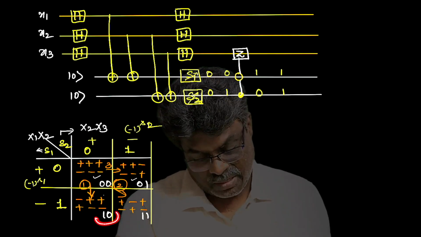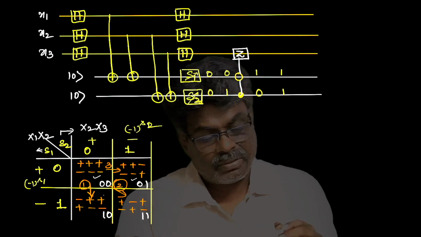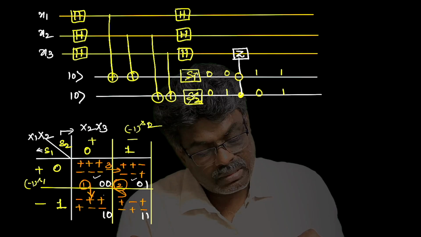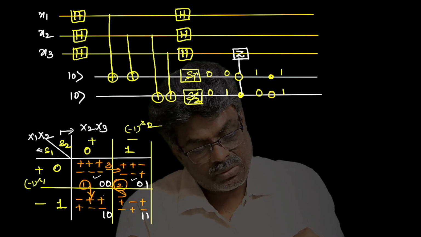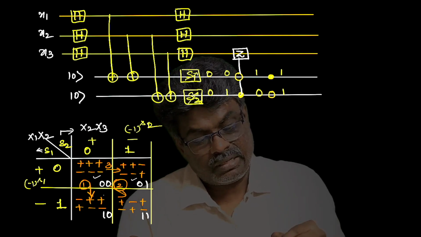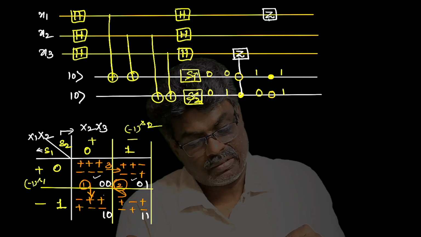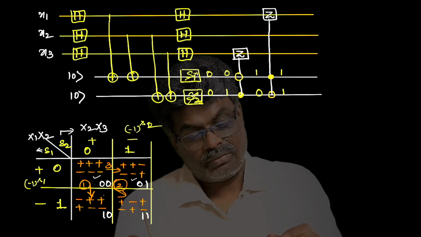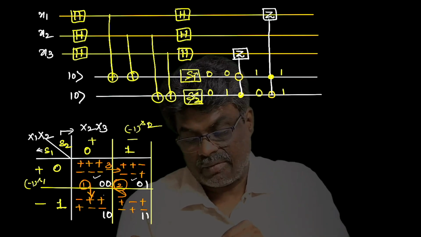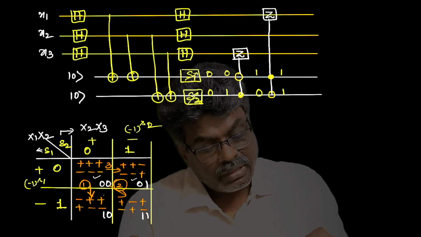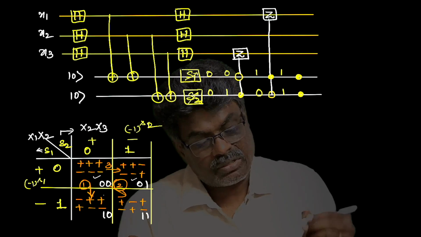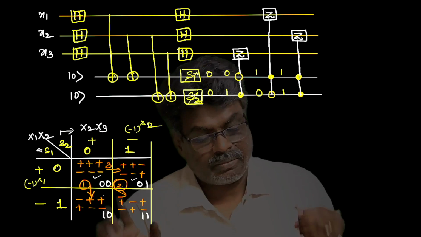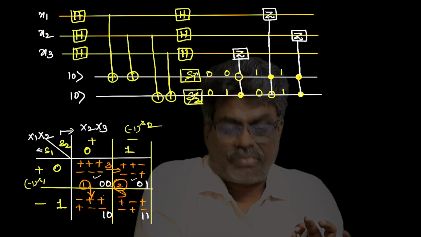If you see 1 0 here, the first bit is having a flip, so here this is an anti-control and this is a control, and after that the first one is having a Z. And the next one 1 1, if you see here 1 1, the second bit is having a flip, so here it is control, and this is also control, and the second one is having a Z gate, like this. So with this we can correct the phase flip error.